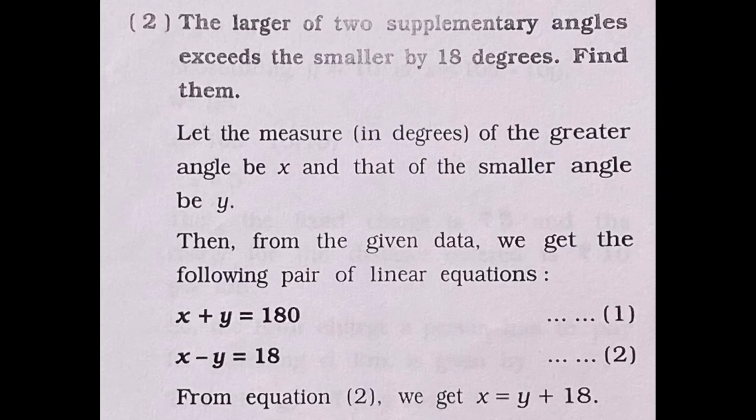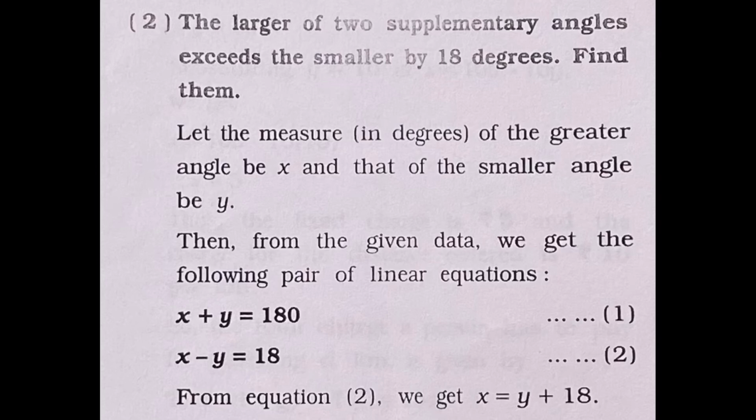So first of all, our first equation will be x plus y is equal to 180, because the angles are supplementary angles, so their sum will be 180. And the second condition given to us is that the larger angle exceeds the smaller angle by 18. So our second equation will be x minus y is equal to 18. Now we have to obtain the values of x and y by solving these two equations.